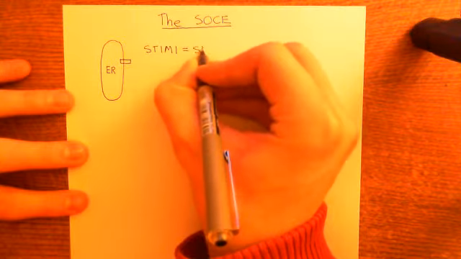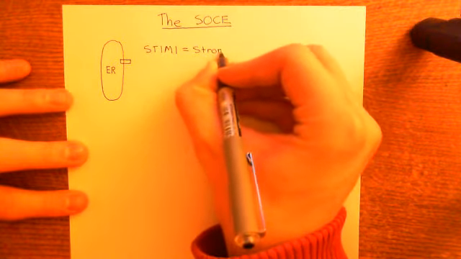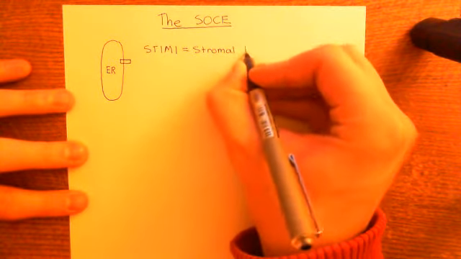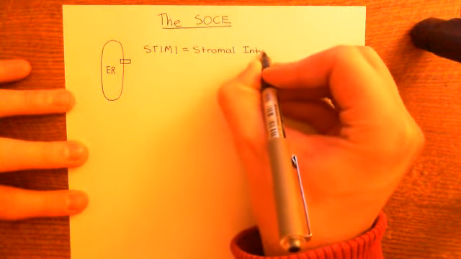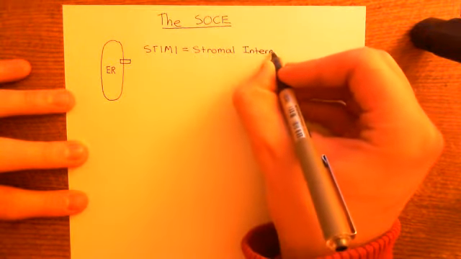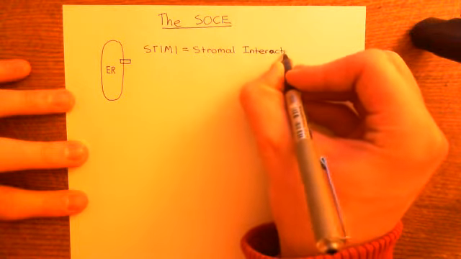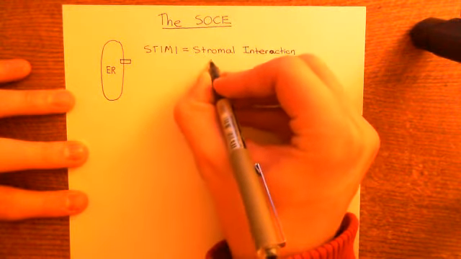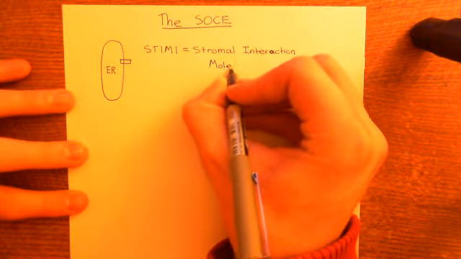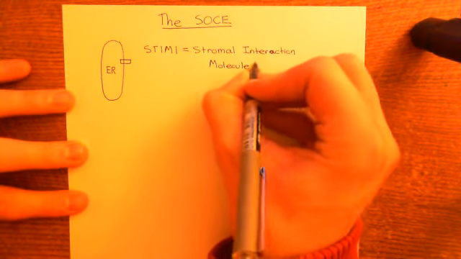So the ST is for stromal, then the I is for interaction, and then the M is for molecule 1. So this is the stromal interaction molecule 1, or STIM1.